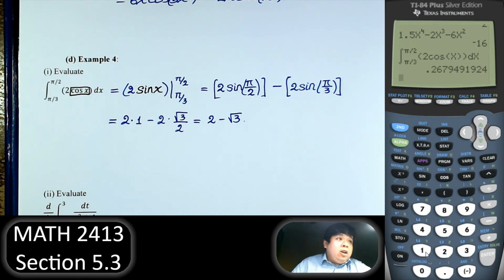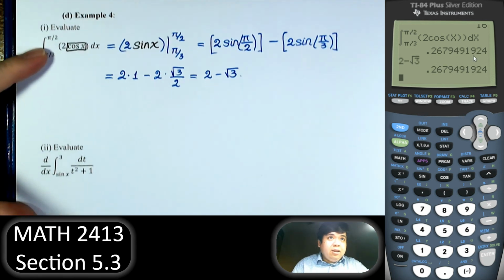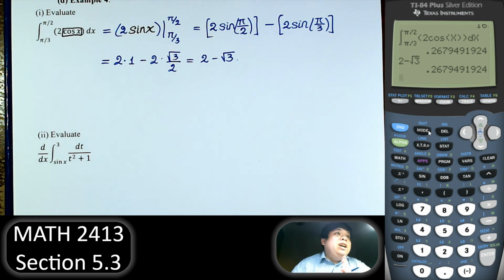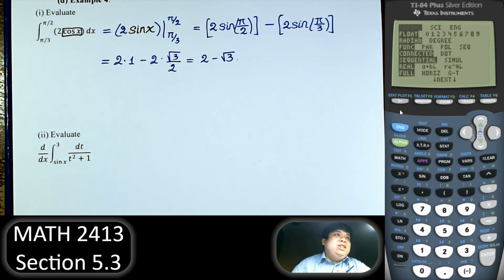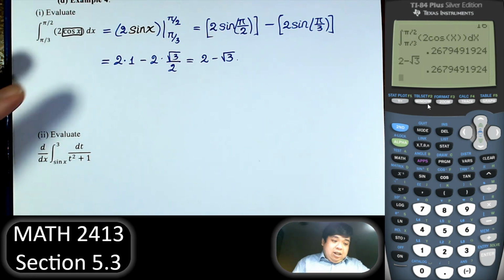We have that. So how about 2 minus square root of 3? Yeah, so we're good. Oh, by the way, make sure that it is in radian mode when we do this, if there's a trig function. Which it is.